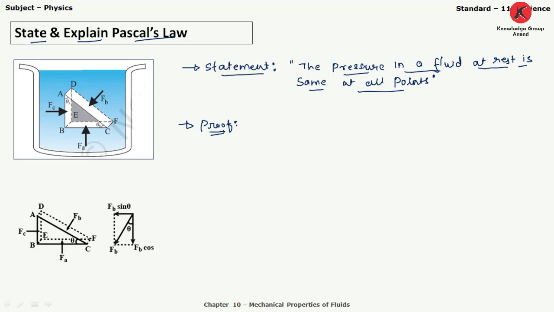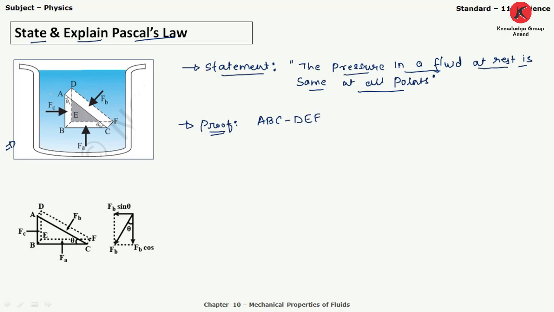Now for proving Pascal's law, here we have considered the figure, right? We have one container which is filled with a liquid, right? And now we have to consider an element in the liquid. So here we have considered the element ABC and DEF.